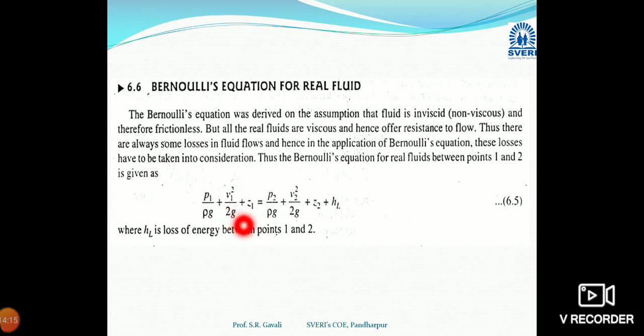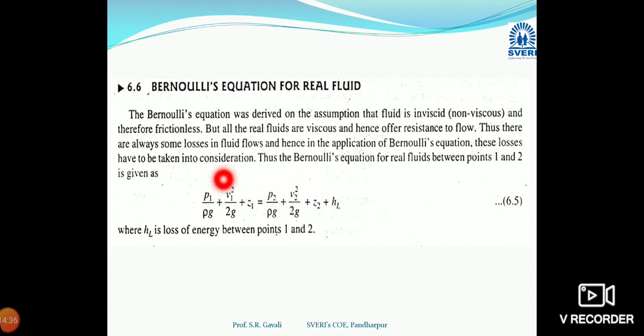So to balance the equation, head loss we have to always add at the outlet. So P1 upon rho g plus V1 square upon 2g plus Z1 represents the total energy at inlet, and P2 upon rho g plus V2 square upon 2g plus Z2 represents the total energy at outlet, plus some energy losses. Generally it is due to friction.